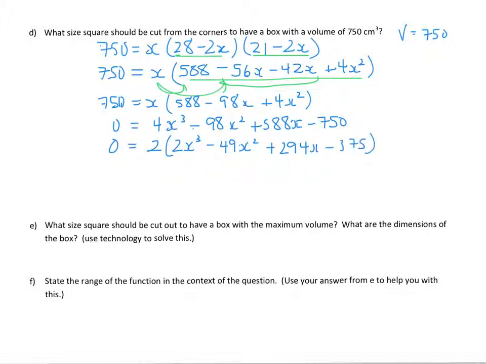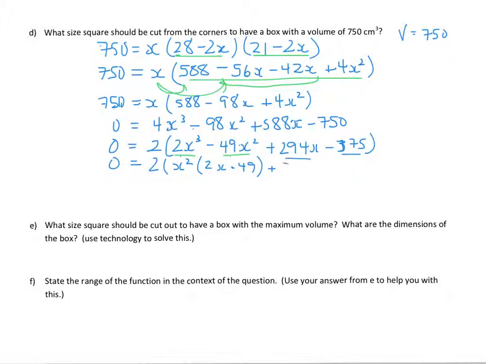Now, I've got the 4 terms. I could try factoring by grouping. If I try to group, I'm thinking I could take an x squared out of the first two. Let's see how this goes. I'll take an x squared out, and then we're going to have a 2x minus 49. And out of the other pair here, I think 3 will go into those.